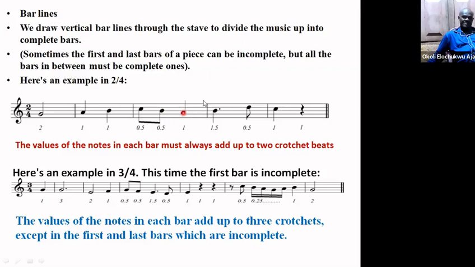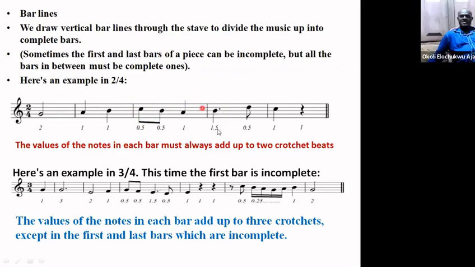This value here corresponds to 2 crochet beats in a bar. Look at how it is tabulated here. 1 plus 1 gives you 2 crochet beats complete. This is half, 0.5, plus another 0.5 plus 1. It corresponds to what we're talking about, 2 crochet beats in a bar.